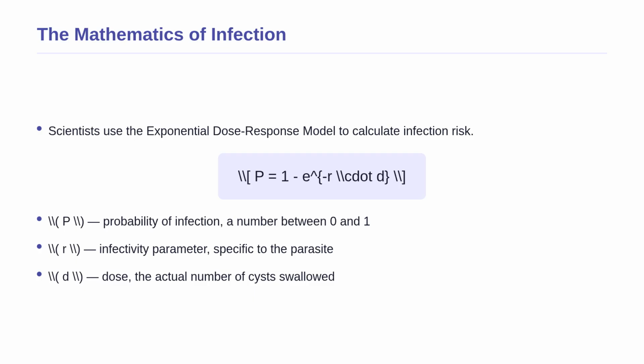The constant e is the base of the natural logarithm. The variable r is the infectivity parameter, representing how likely a single cyst is to survive. Finally, d is the dose, or the number of cysts swallowed. As the dose increases, the probability of infection rapidly approaches 100%.